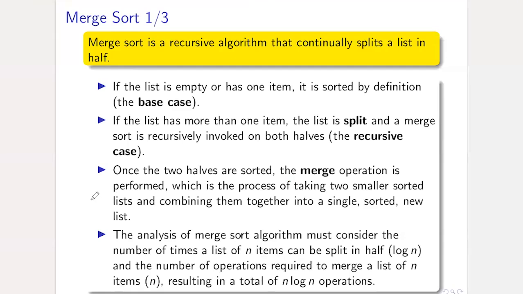Okay, and then the other operation of interest is the number of operations that you are required to perform to merge. Okay, so that is in the order of n. So we generally say the total number of operations is n times log n.